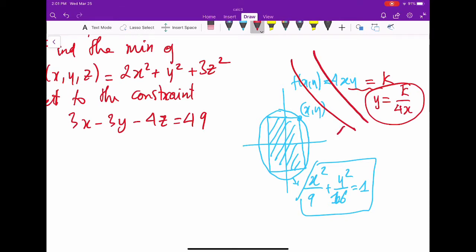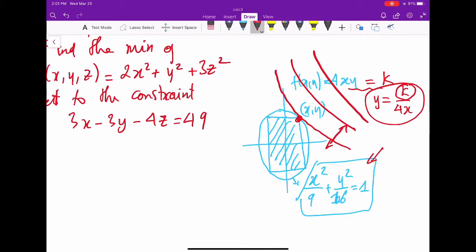Then we move these curves along, for different k. And we understand that when this curve is tangent to the ellipse, the function attains its maximum. So we need to find that point where the two curves are tangent.